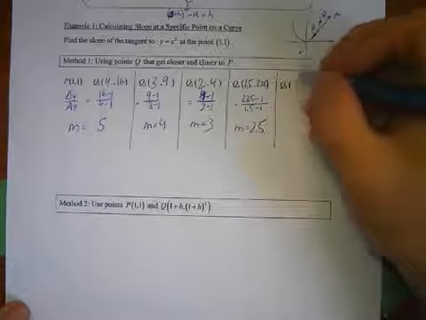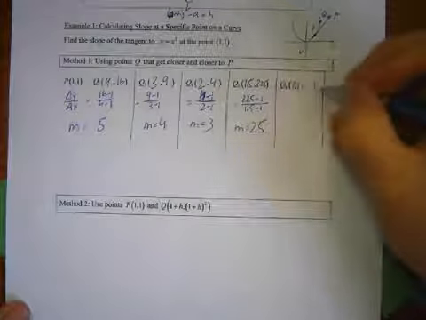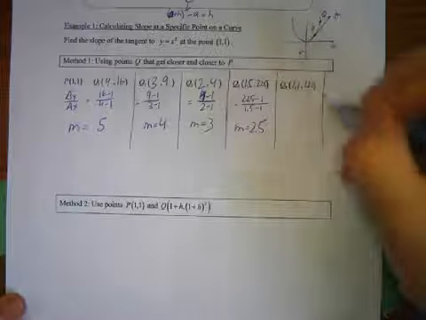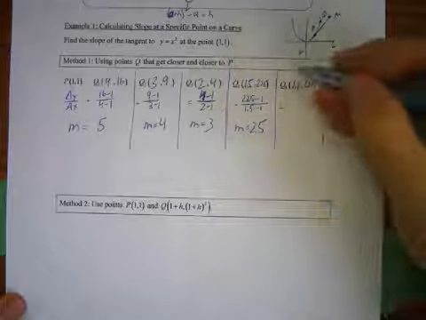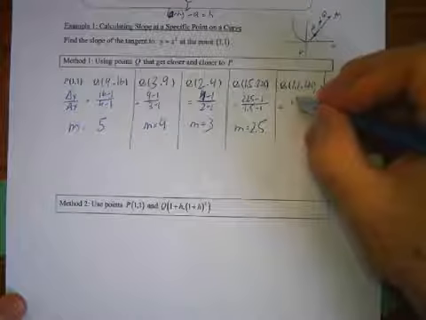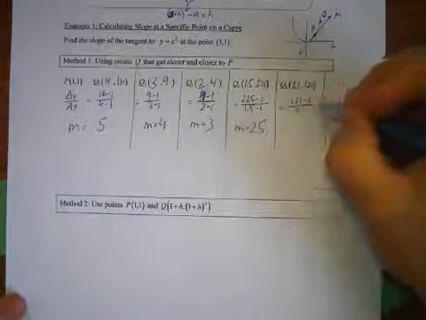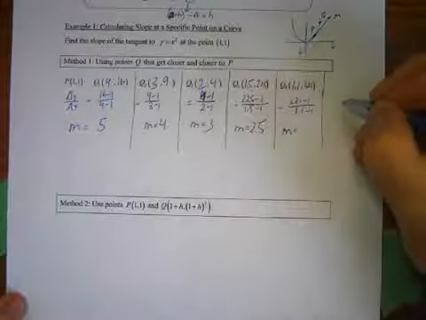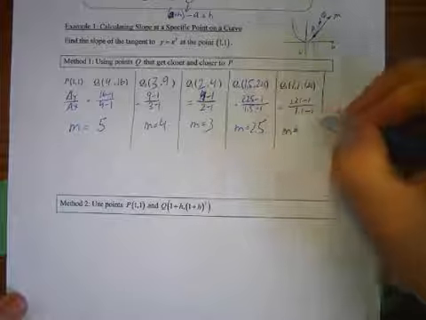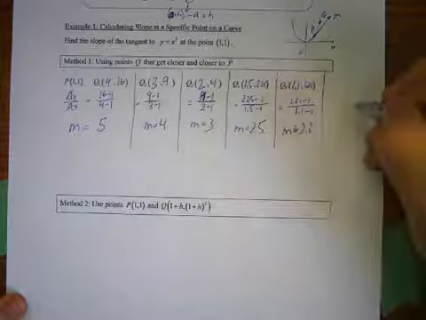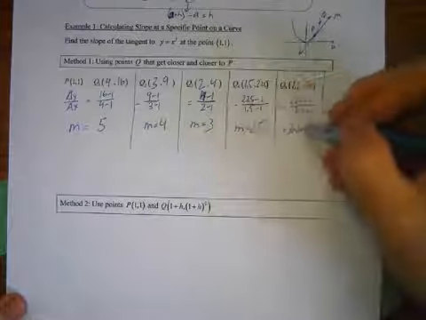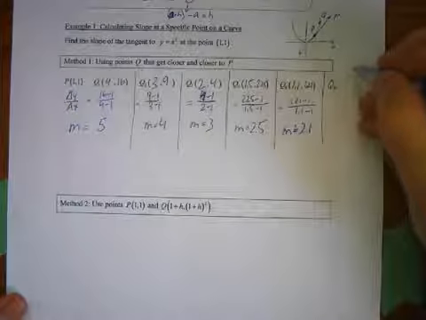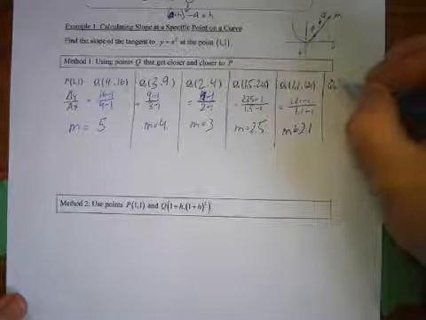So now let's go even closer. For Q5, if x was 1.1 and we square that, we get 1.21 for y. Delta y over delta x is 1.21 minus 1 over 1.1 minus 1, and if you do that calculation, rounding this time, you get approximately 2.1. It seems to be slowing down. Let's try one more point, Q6, and this time we'll get really close. How about 1.01?